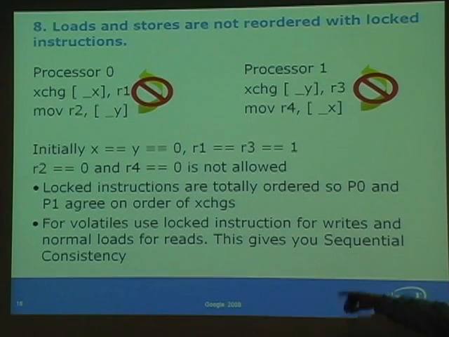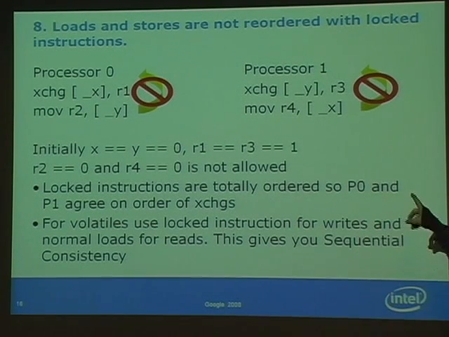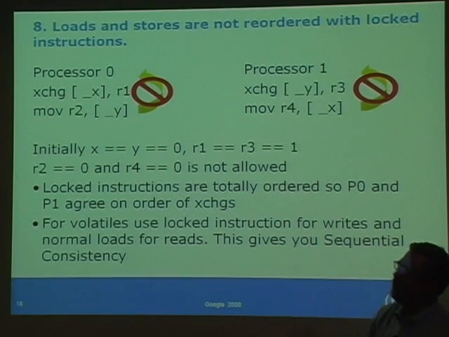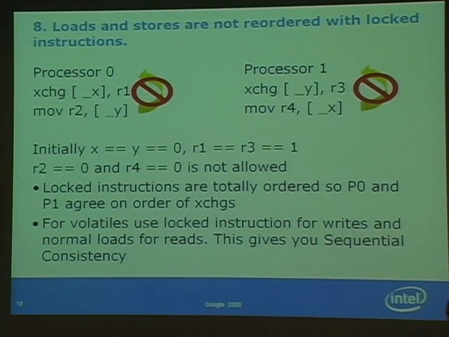So the situation where R2 equals 0 and R4 equals 0 isn't allowed because one of these things had to happen first. And all processors will agree on which exchange happened first.